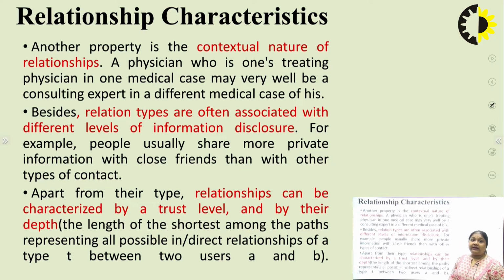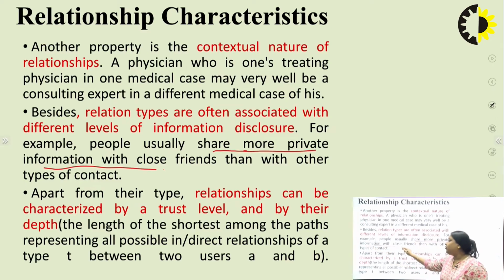Another property is the contextual nature of relationships. For example, a physician who is the treating physician in one medical case may very well be a consulting expert in a different medical case. Besides, relation types are often associated with different levels of information disclosure. For example, people usually share more private information with close friends.